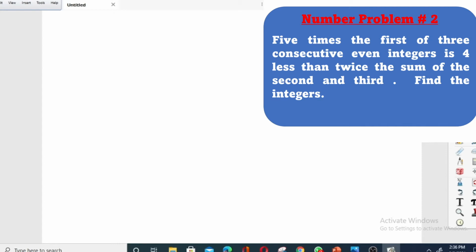So again, to name the unknown, we are asked to find the integers. But the integers in this problem are consecutive even integers. So how are we going to represent the first consecutive even integer?